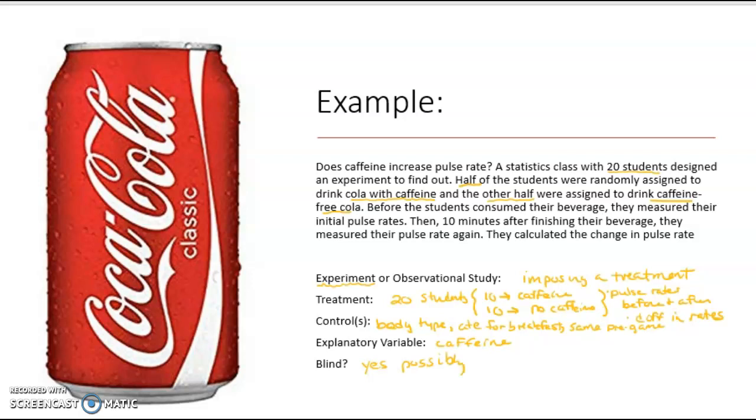Because think about it, they could put them in little bitty cups with cola, and each one of those students does not know what they're getting. So I'm just going to put yes, possibly. And it could be double blind for that matter. If you mix it up, have it assigned to numbers, it could definitely be double blind. They didn't mention it, but definitely it could be.